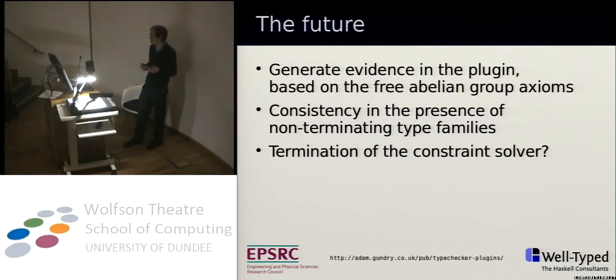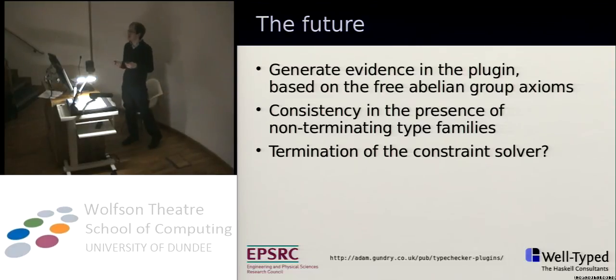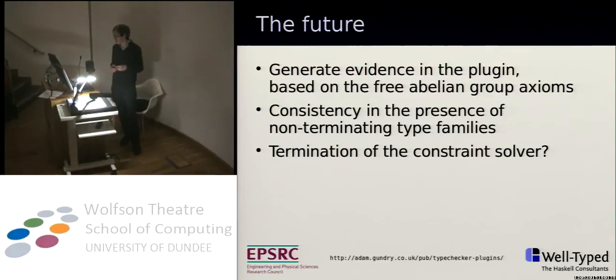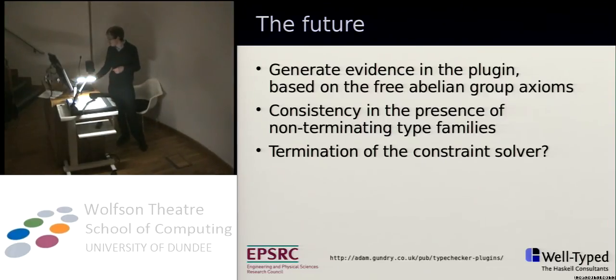That if you write a type family which diverges, so say loop equals loop times loop, then that allows you to suddenly solve equality constraints which shouldn't be solvable according to the laws of an abelian group. So that leads to some interesting complexities. And as I mentioned, the question of whether, once you've added a plugin to your constraint solver, the resulting system actually terminates is an interesting problem for ongoing work.